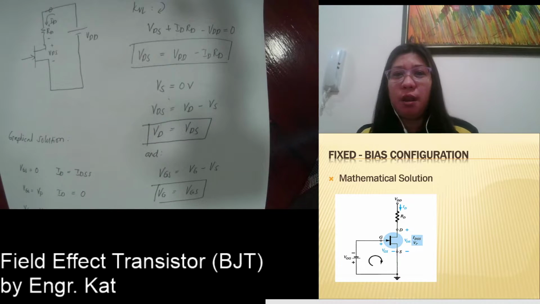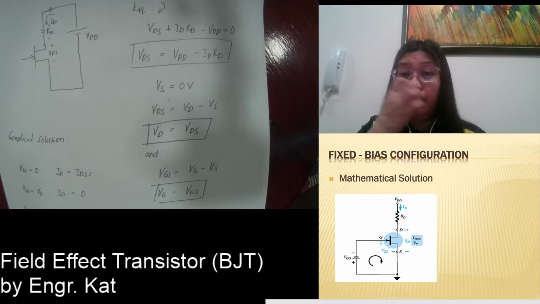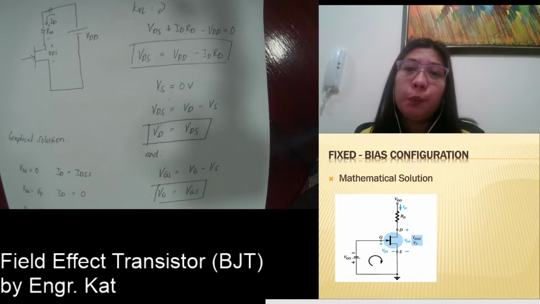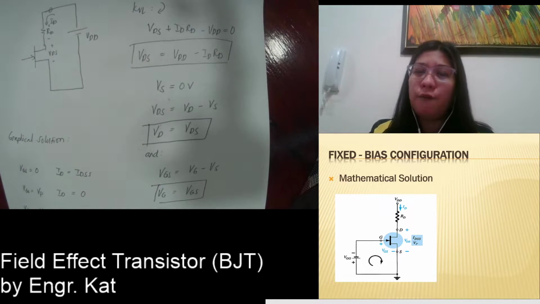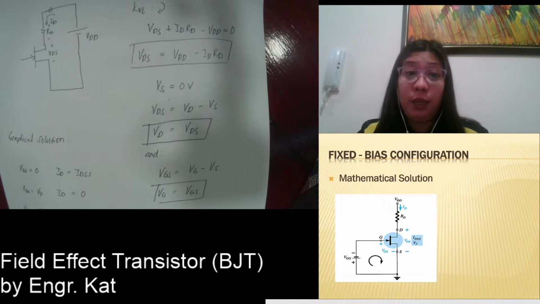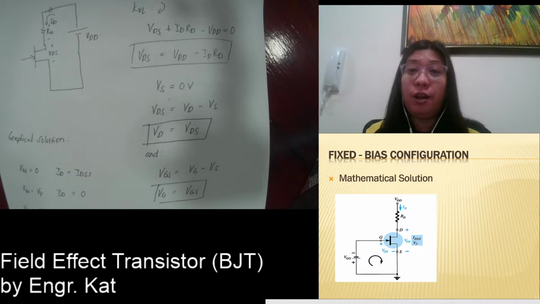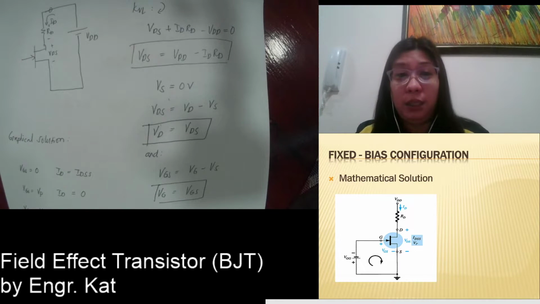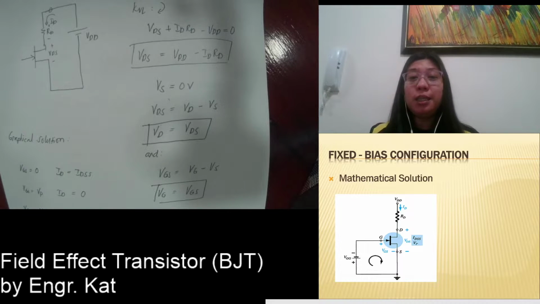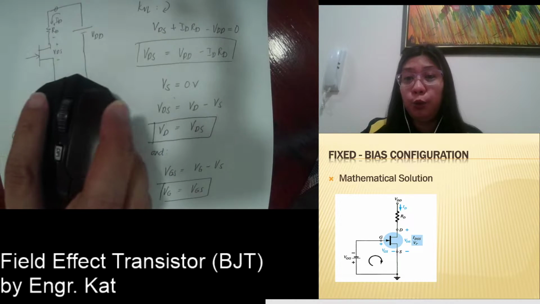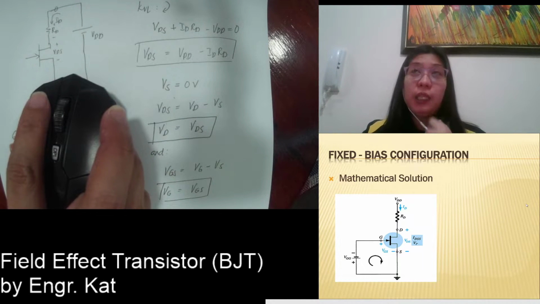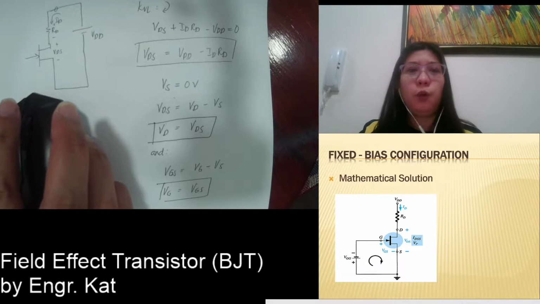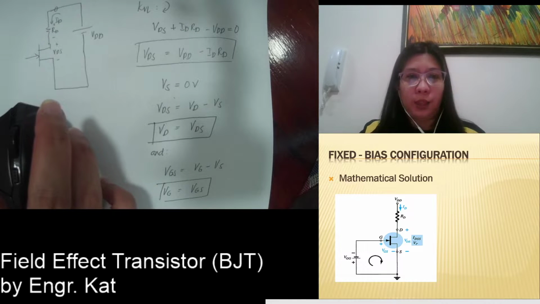So we are just changing the subscripts. Instead of having emitter, base, and collector, we just have your drain, source, and gate. Actually, your VDS here is just the counterpart of your VCE when we are talking about BJTs. Okay? So this is the mathematical solution, which is very, very simple. It is so straight to the point. Right away we can get your answer.